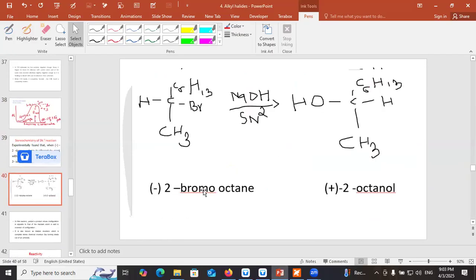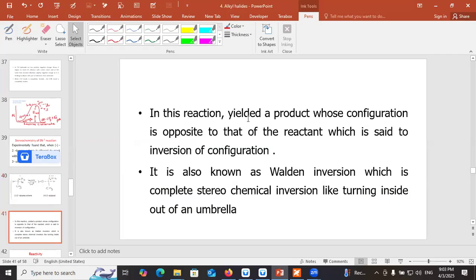That is, (-)-2-bromo-octane produces (+)-2-octanol. That's SN2. In this reaction, the product has a configuration opposite to that of the reactant, which is said to be inversion of configuration. It is also known as Walden inversion, which is complete stereochemical inversion, like turning an umbrella inside out.